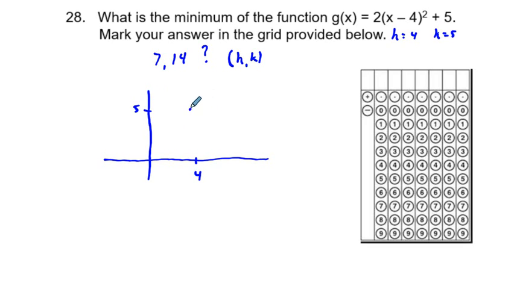And we have a being positive, so we know it's going to be an upward opening parabola, something like this. So our minimum value here is going to be this thing right here, 5. So 5 equals minimum value.